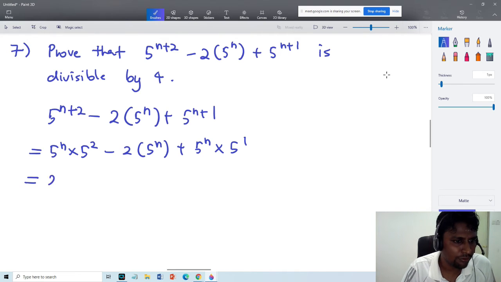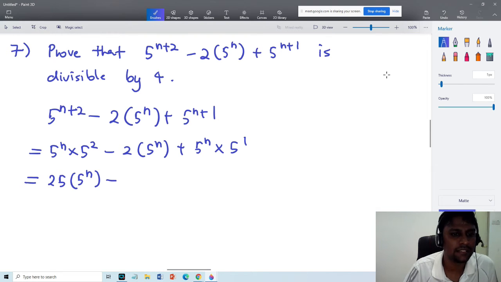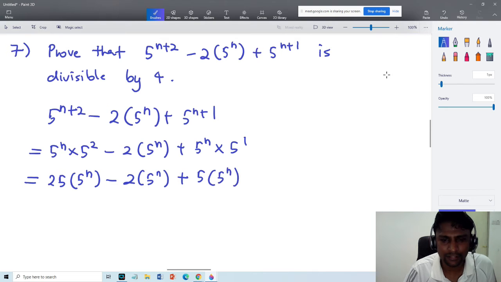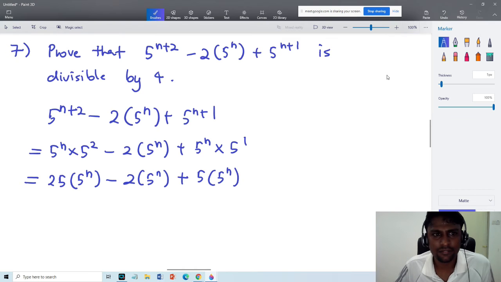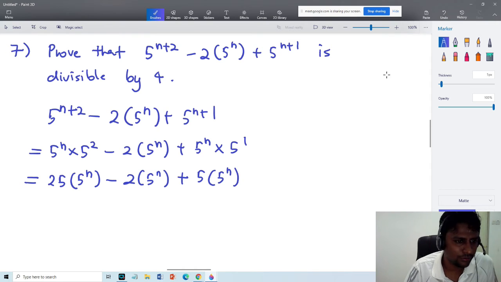So you get 25 times 5^n, minus 2 times 5^n, plus 5 to the power of 1 times 5^n. So what will you get? The last answer: 25 plus 5 is 30, 30 minus 2 is 28. So this one is supposed to be 28 times 5^n.